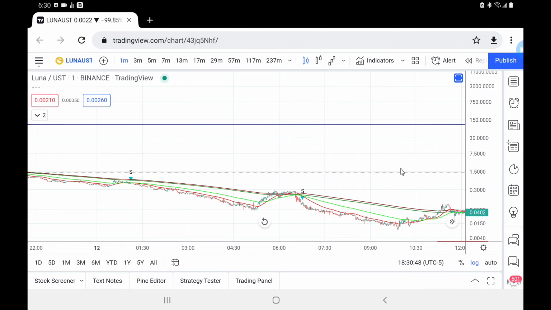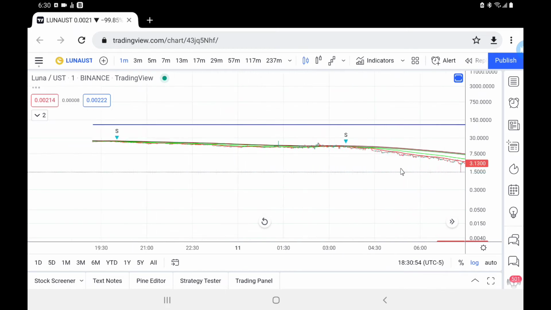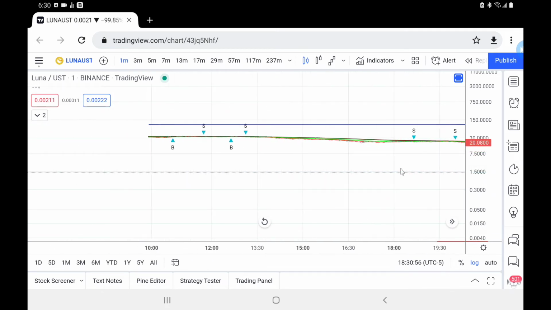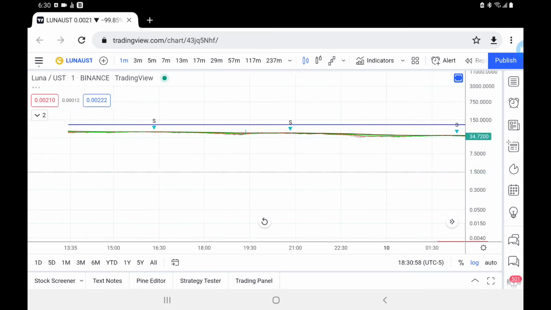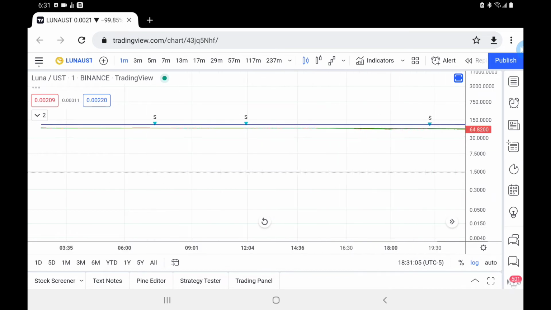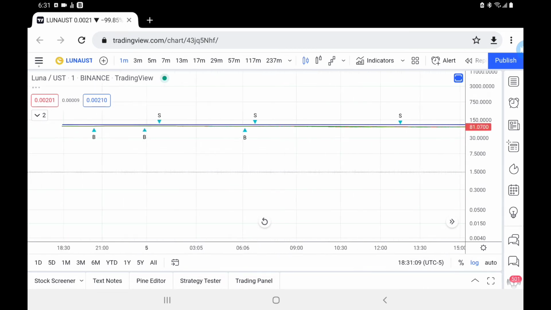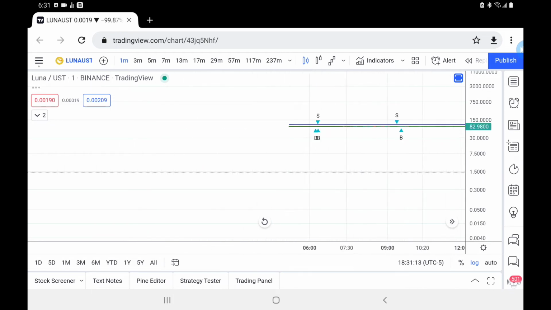Now, no recipe is perfect. No recipe does wonders or could solve any market problem. But through proper risk management, proper budget management, and proper analysis of the coin, you have a good combination that can work well.